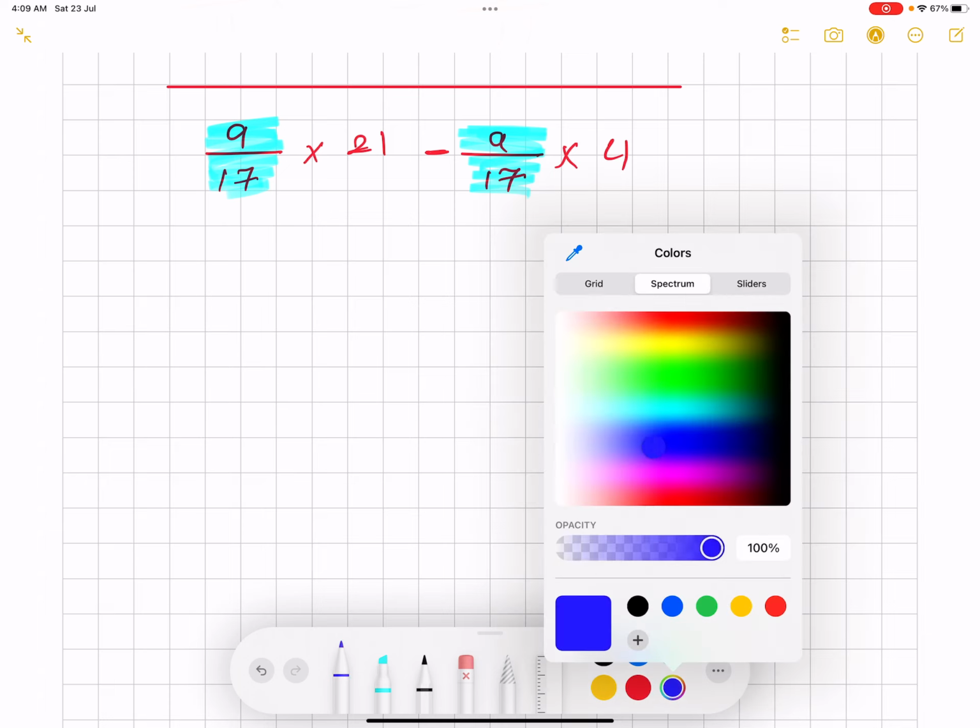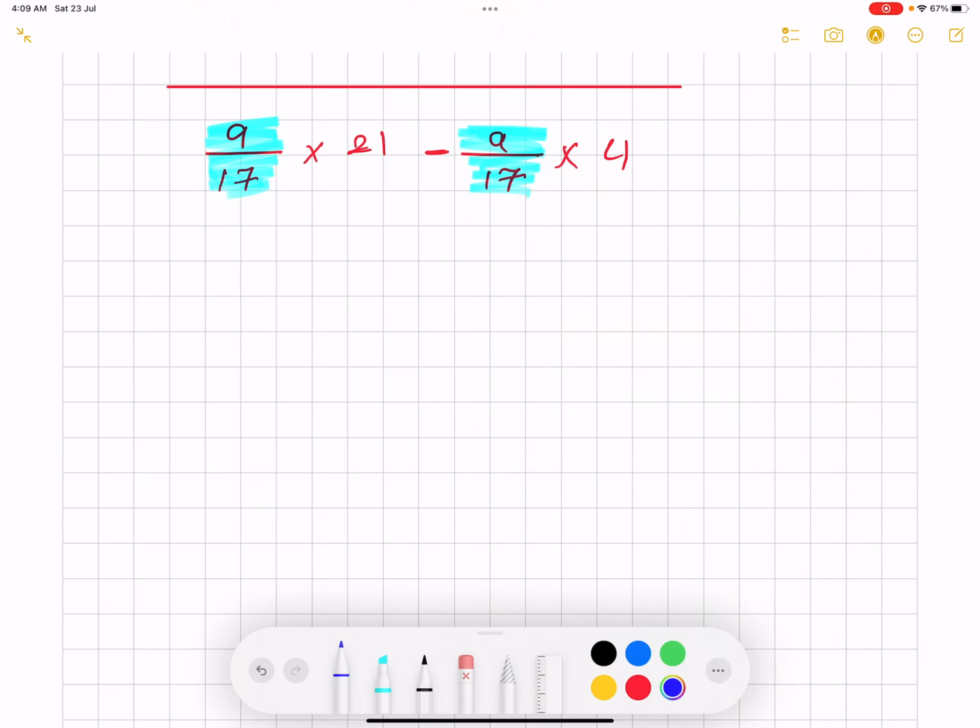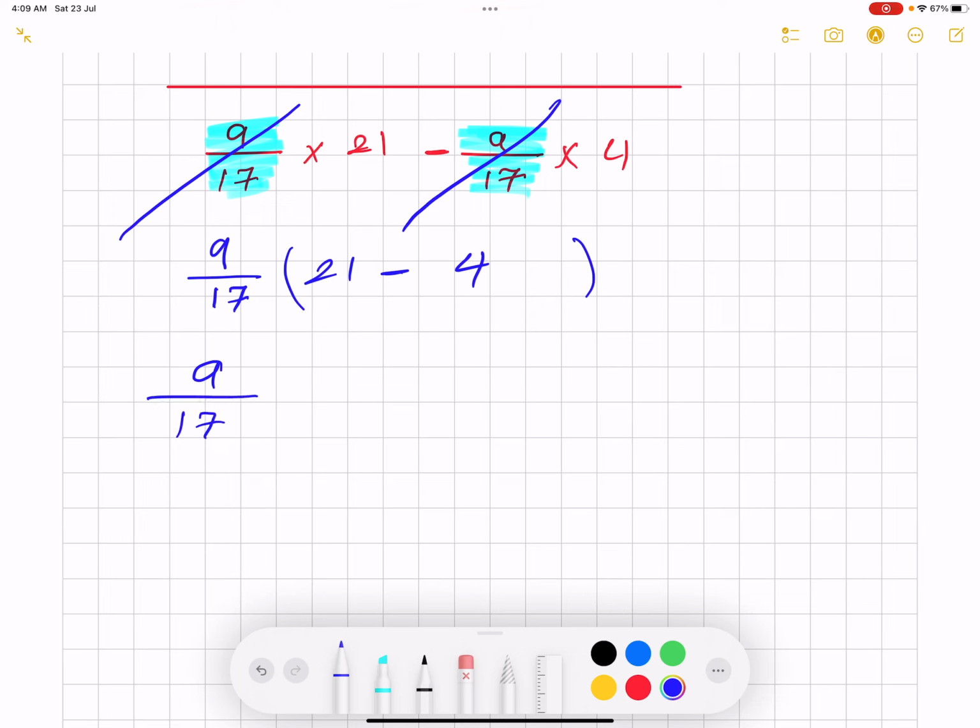So I'm gonna pick up 9 over 17، يعني أنا هاخد الـ 9 over 17 وبكتب الريميندر، يعني كأني بكنسله وبفتح bracket وأكتب remainder, so it will be 21 minus 4. So it will be 9 over 17 times 17, so you got 17 up and down, so you have to cancel each other out and you ended up with 9.